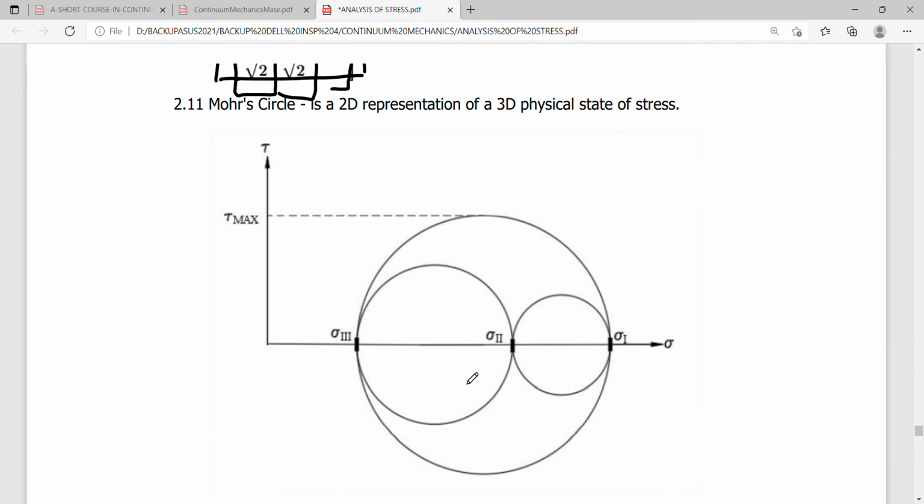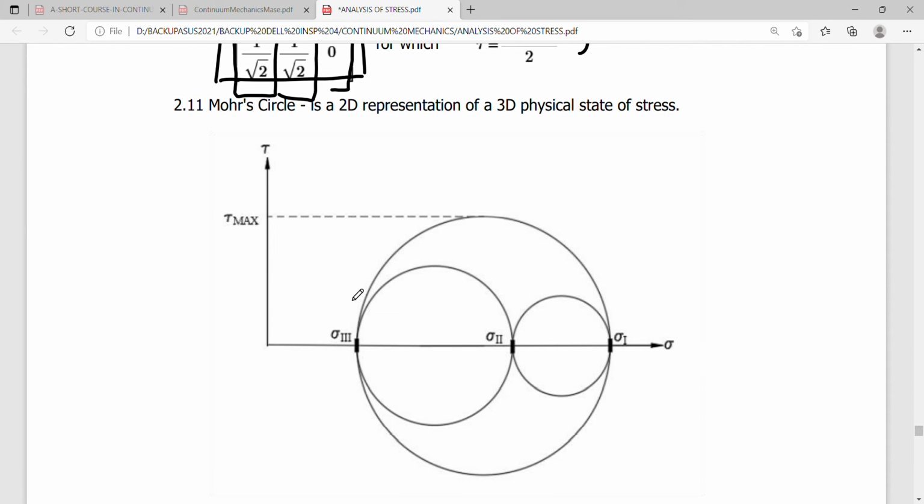And if we are going to look at the tau max on the basis of the radius of these three circles, we can say that here your circle 2 actually gives you the maximum value, since your sigma 1 and sigma 3 define the largest diameter upon which your tau max is obtained.